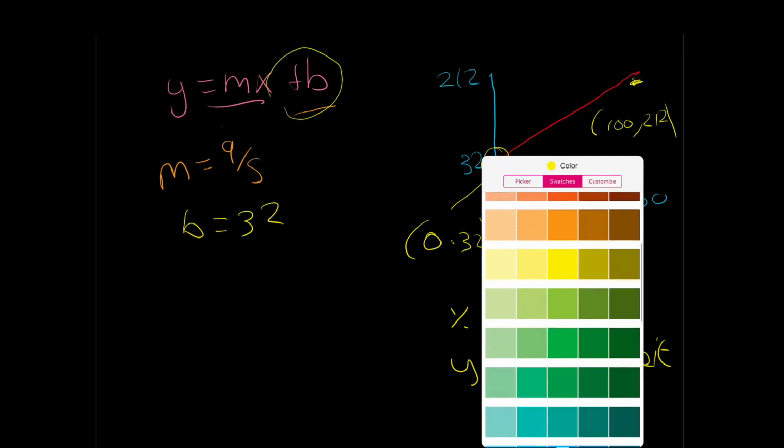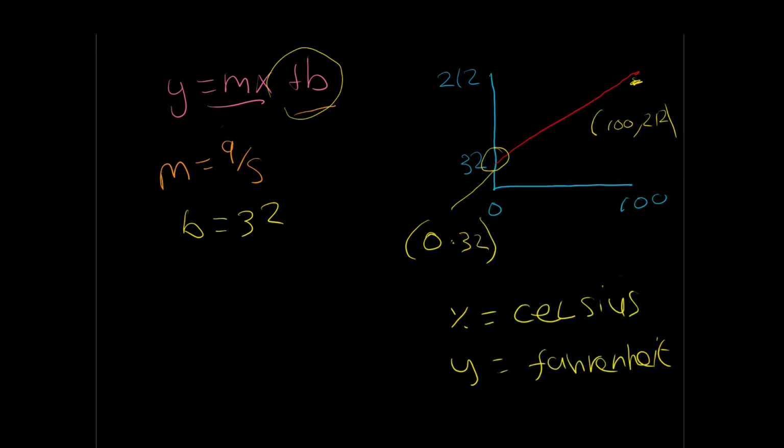We'll need this now. If we fill in what we worked out and put these into the equation of our line, you get y equals m, which is 9/5, x plus the y-intercept, 32.